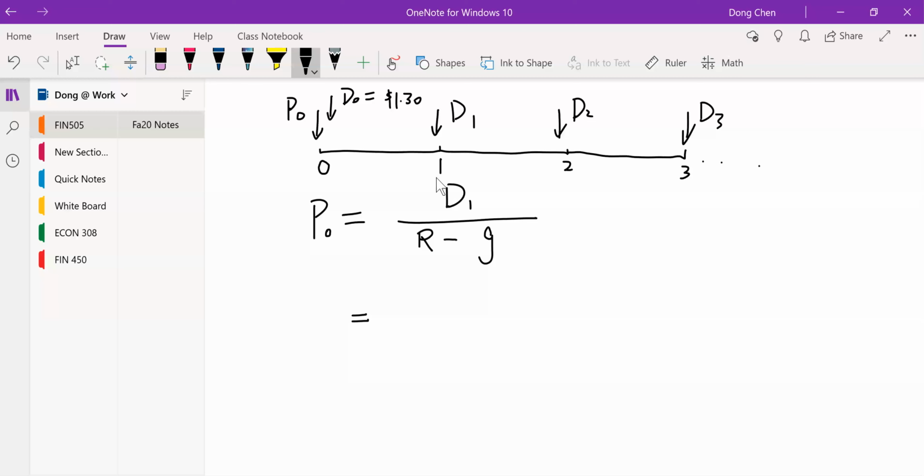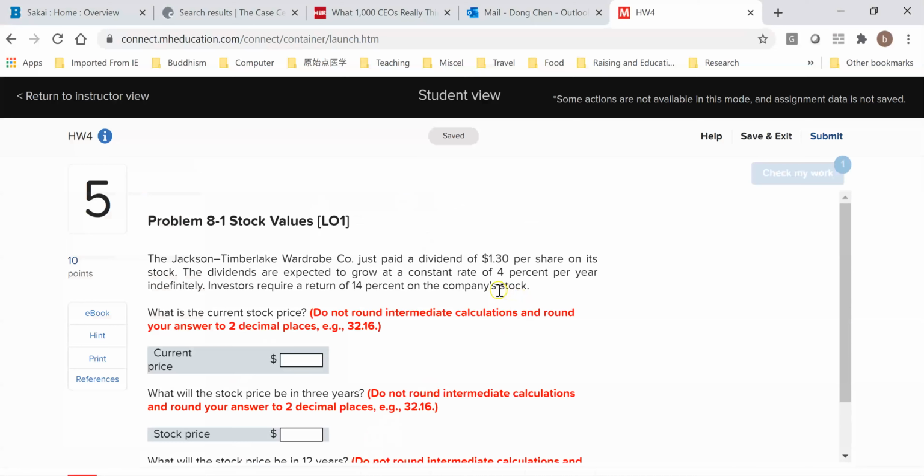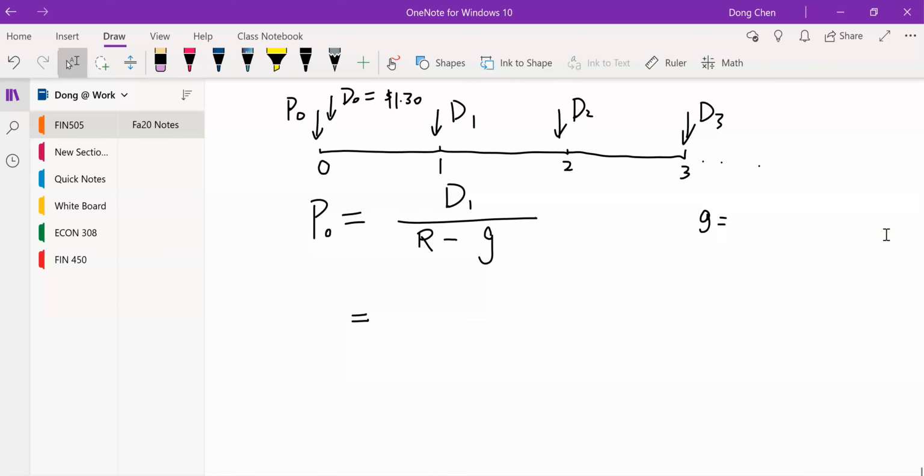So then how do we get D1 from D0? Since dividend grows at this rate, going back to the setup, it says 4%. So the dividend growth rate, that's small g, is 4%. And R is 14%.